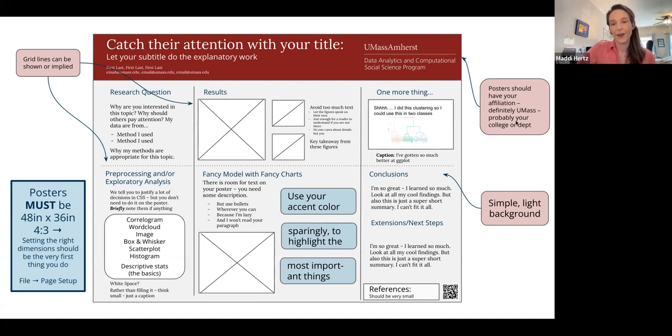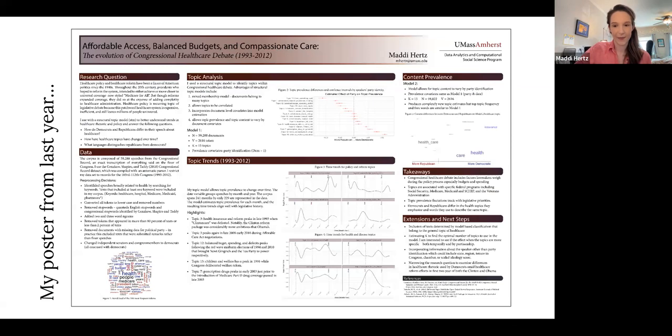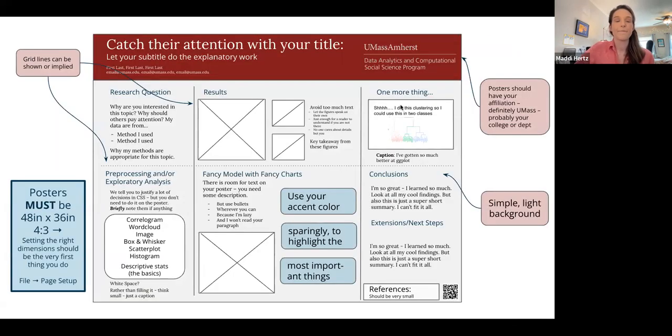I think it's useful to have on this whole screen because you can see just how different that is from the slides you're used to. So don't just use the slide you're used to. You have to set the page dimensions first. I set this up so that it looked similar in structure to my poster, and I can talk you through the different decisions that I made.